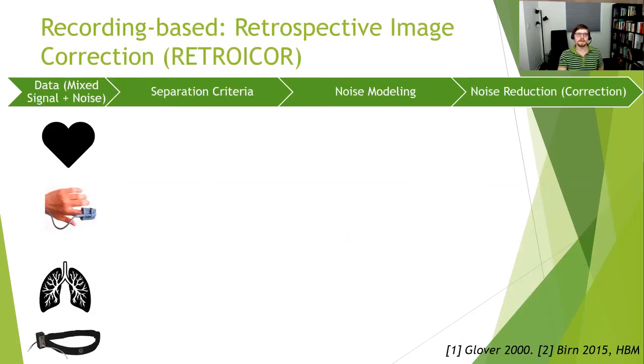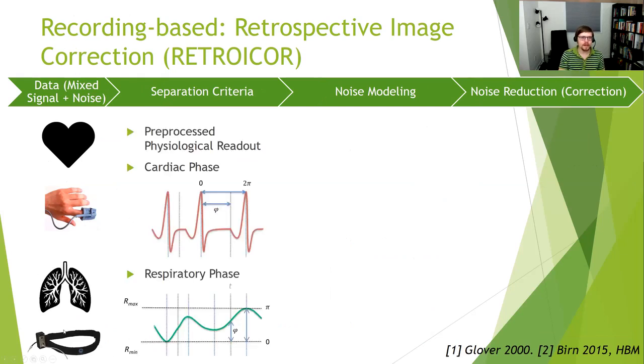For the recording-based denoising techniques, the most prominent example is retrospective image correction, RETROICOR, where you acquire some data from the heartbeat, usually with a pulse plethysmographic unit or pulse oximeter, and some data of the breathing cycle, usually a respiratory bellows. Then you pre-process these physiological readouts to arrive at a representation of the cardiac phase and the respiratory phase of your physiological cycles.